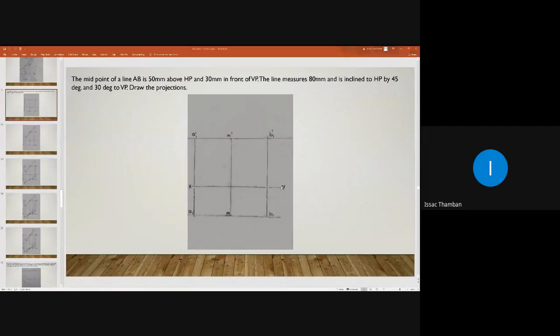And after drawing the XY line, towards the center, you draw a vertical projector line like this.